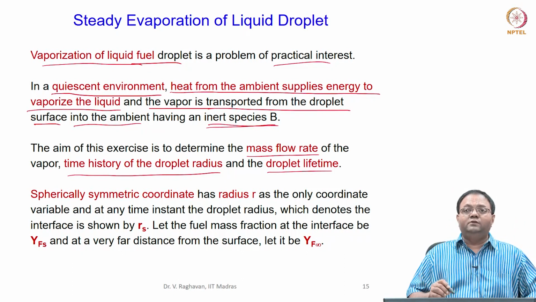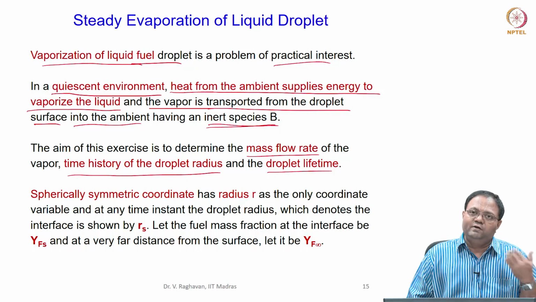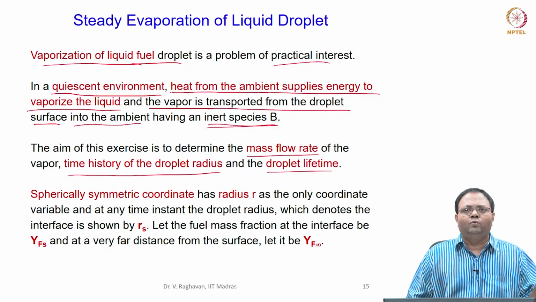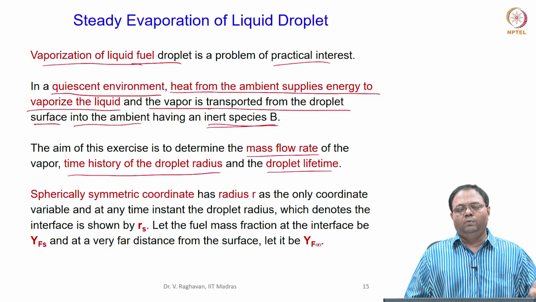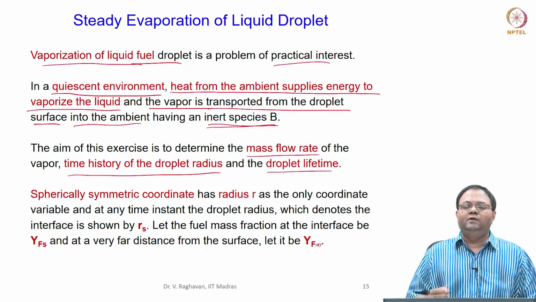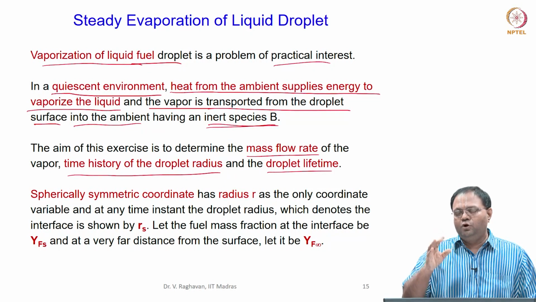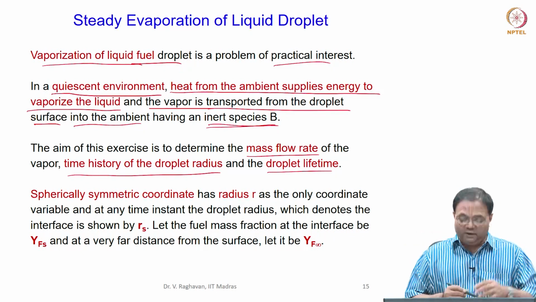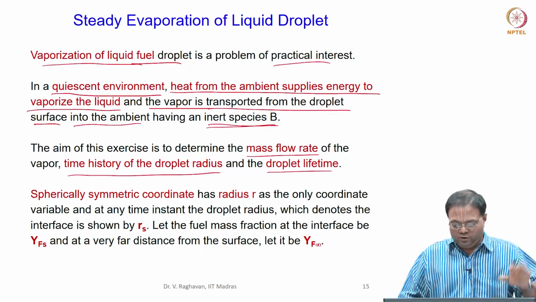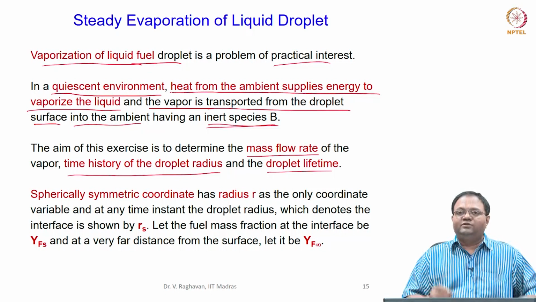So, we are interested in three quantities here. In the previous one, the steady evaporation rate was the only thing we saw in the Stefan problem, because we were supplying the liquid at the same rate at which it evaporates, so the liquid level was maintained at a constant location x equal to 0. That was a steady problem.